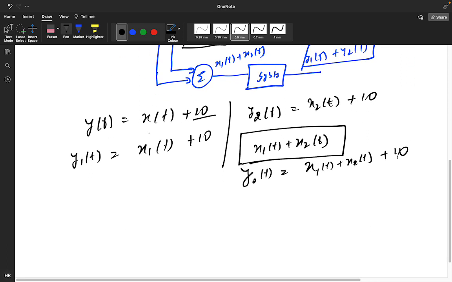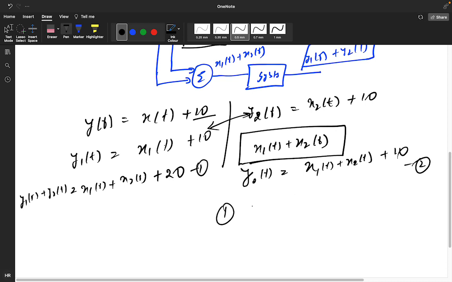Now if you add the two equations, you get x1 of t plus x2 of t plus 20, so y1 of t plus y2 of t is equal to that plus 20. Are these equations and these equations the same? No, equation 1 is not equal to equation 2, so this is not following the law of additivity.